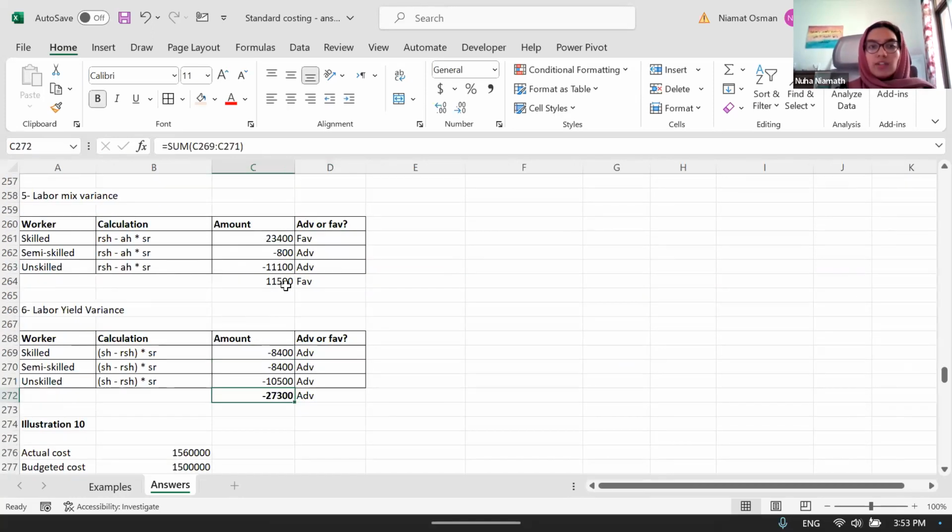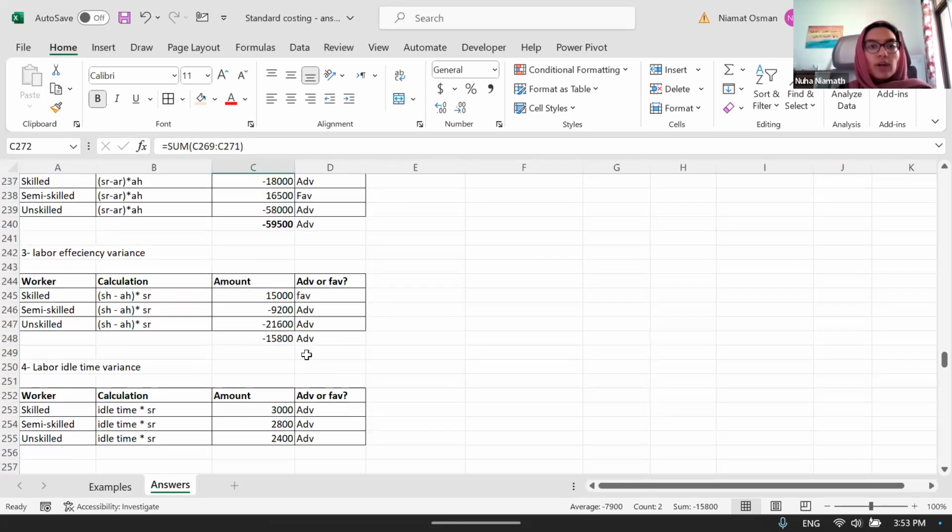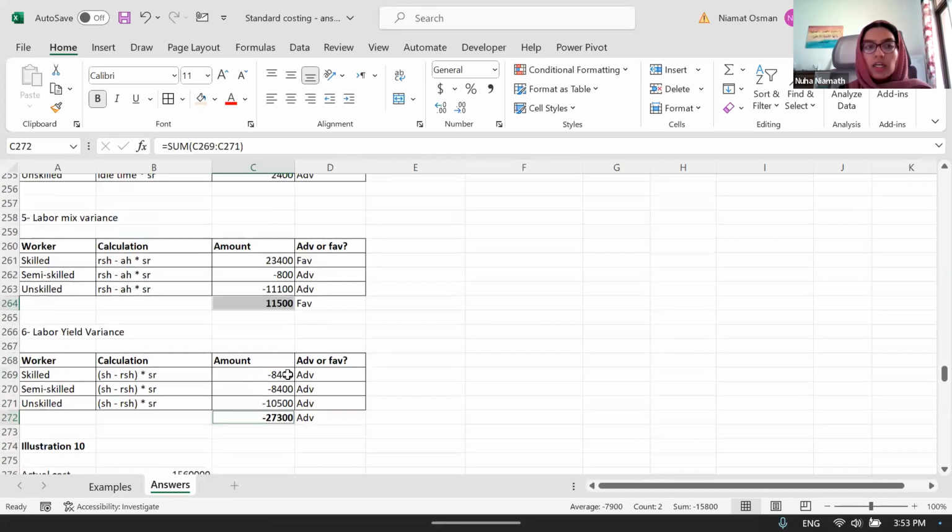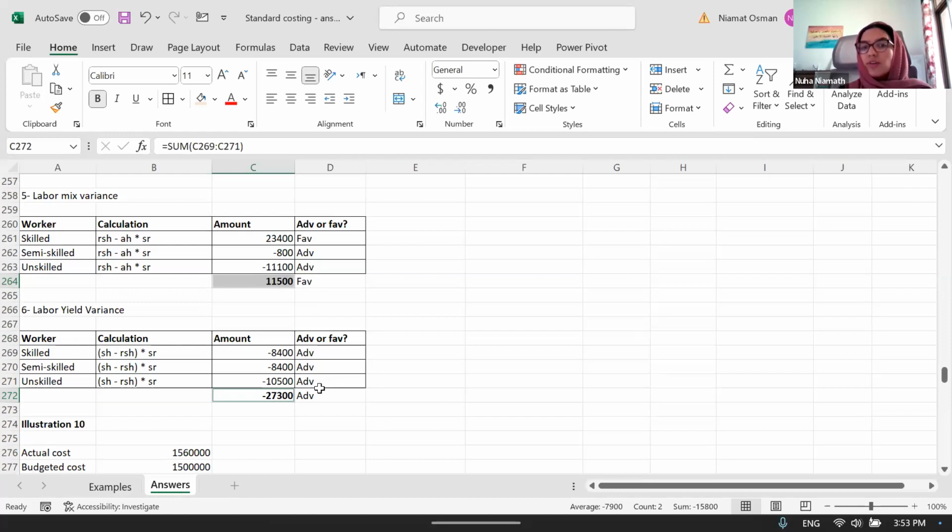We get a yield variance of 27,300 and a mixed variance of 11,500. One thing to cross verify would be to see whether mixed variance plus yield variance should be equal to efficiency variance. So efficiency variance is again 15,800 negative, and when we add 11,500 and 27,500 negative, it is also coming to 15,800.